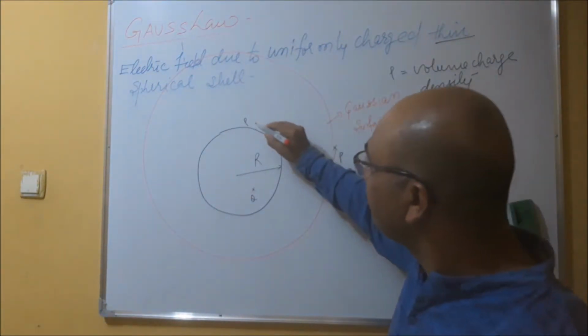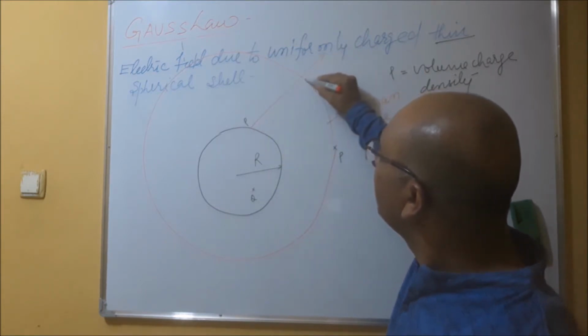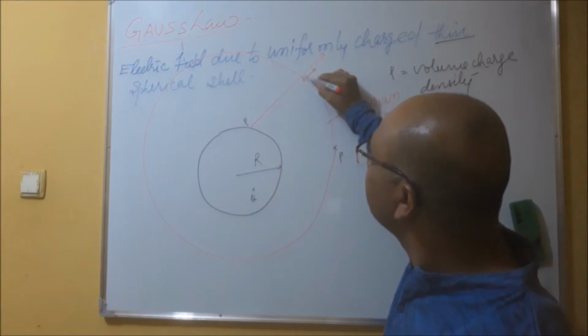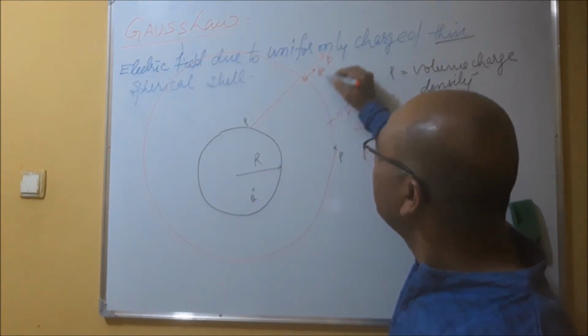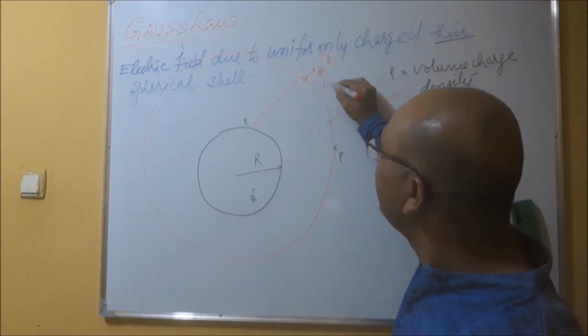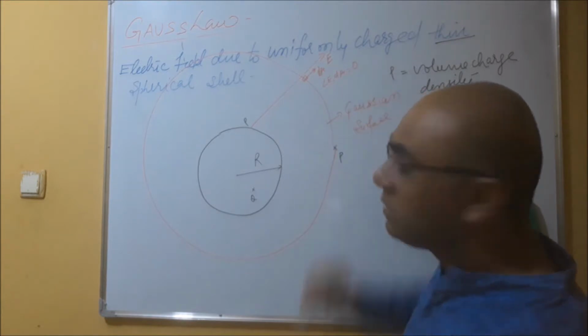From here the electric field will be like this, and the surface is like this. So this is dA, this is E. Again the angle between E and dA is 0, right?